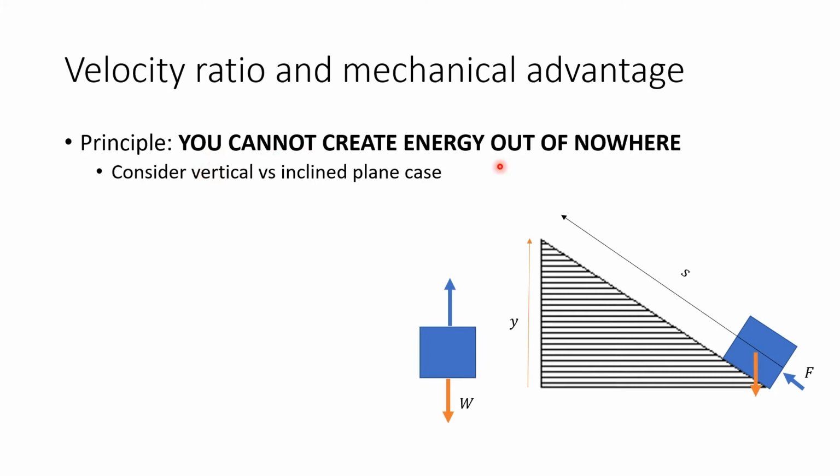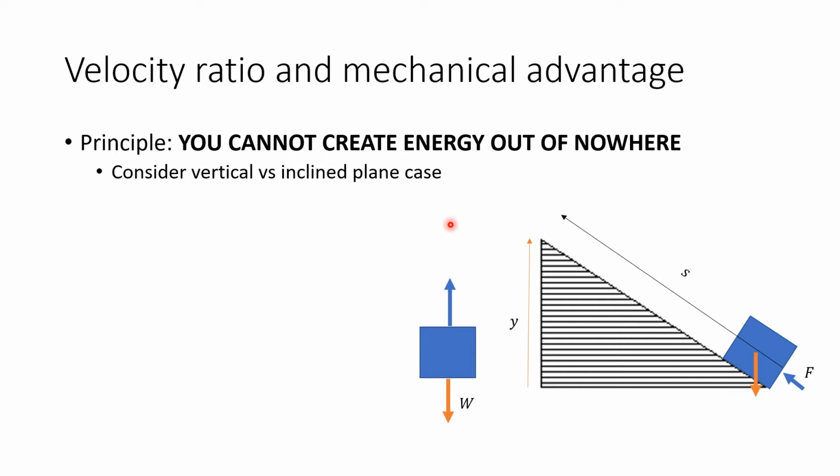So, to make this happen, we should consider these two cases. If I were to move this little blue box from the bottom all the way to the top, one thing I could do is just lift it all the way up, or I could put it on an inclined plane and push it through. The object would gradually move all the way through.